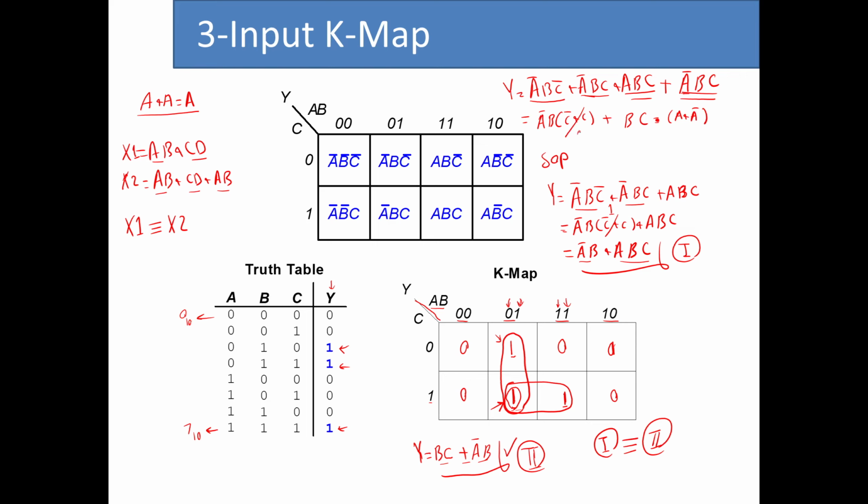If you do the simplification now, you can see that this function is simplified to A bar B plus BC. So exactly the same function that we have here. Let's call this form 3. Form 3 is exactly the same as form 1 and form 2.